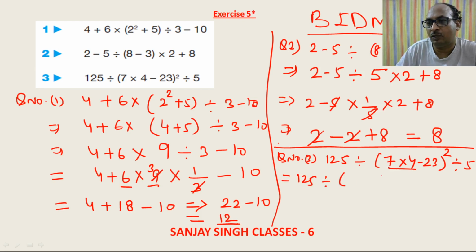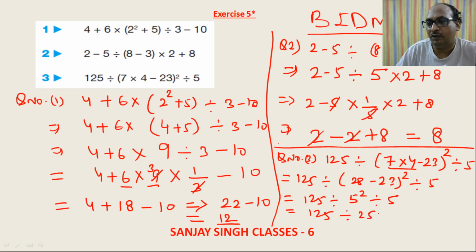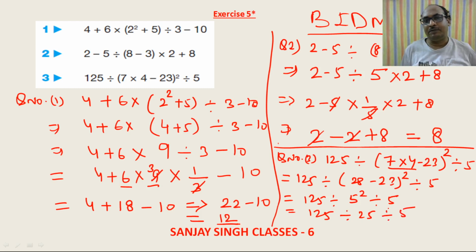So 7 into 4 is 28, minus 23, square, divided by 5. Then further, 125 divided by 28 minus 23, which is 5 square, so 5 square divided by 5. Further, 125 divided by 5 square is 25, divided by 5.